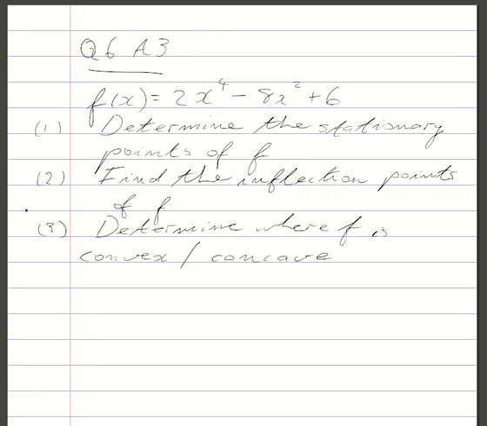Now the first question asks us to determine the stationary point of the function. Now we know that to determine the stationary point we simply first get the derivative, which is 8x to the third minus 16x.